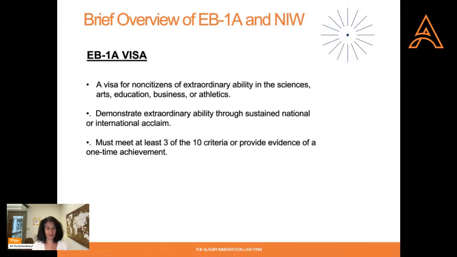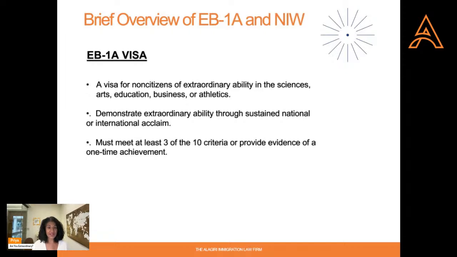The EB1A visa, very briefly, is for non-citizens who have extraordinary ability in these five fields: sciences, arts, education, business, or athletics.